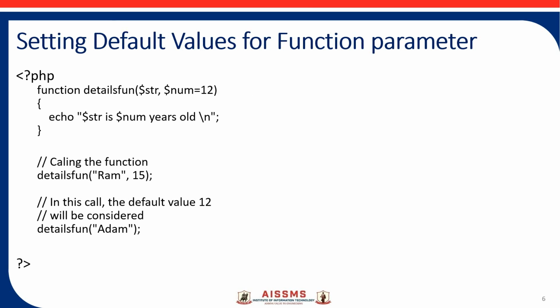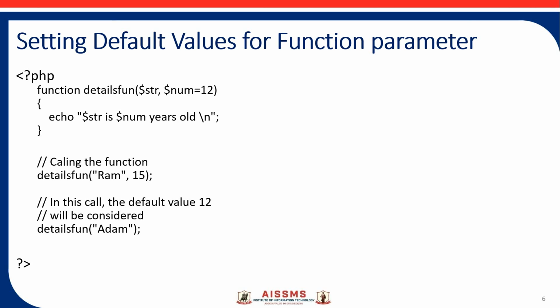Setting default values for function parameters. In this example, there are 2 calls to the function details_fun: the first with the parameters ram, 15, and the second with the parameter Adam.